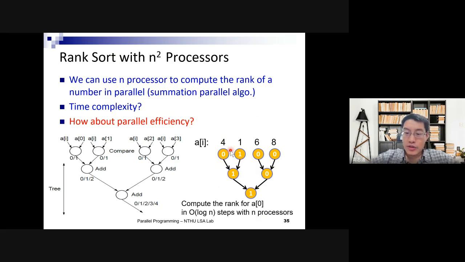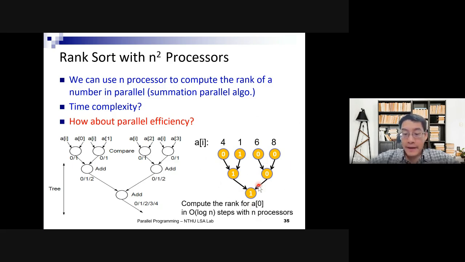So we have 4 items, and we throw in 4 processes to do this computation. Each process in the first step compares it with the value of 4, determines whether it's smaller or larger than or equal to the number, and then we just do the sum. We can recursively aggregate the result.